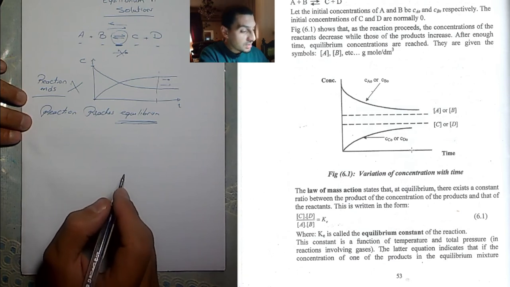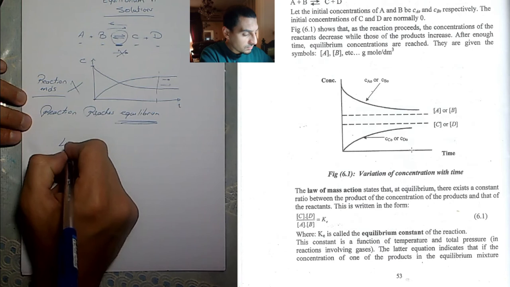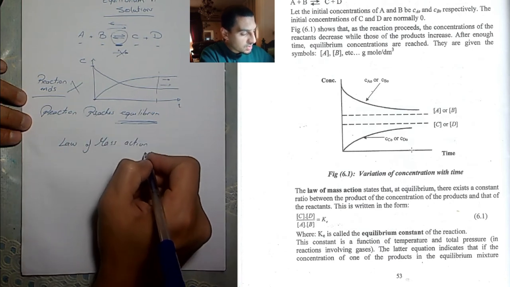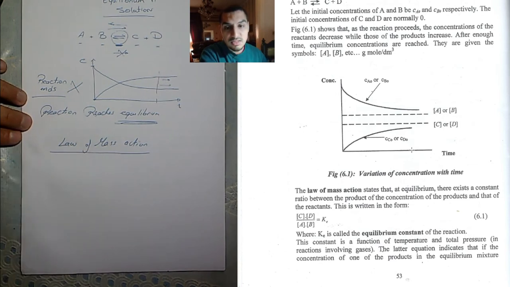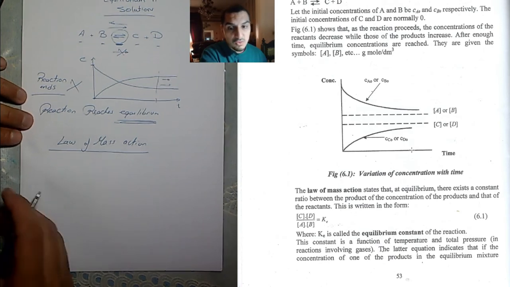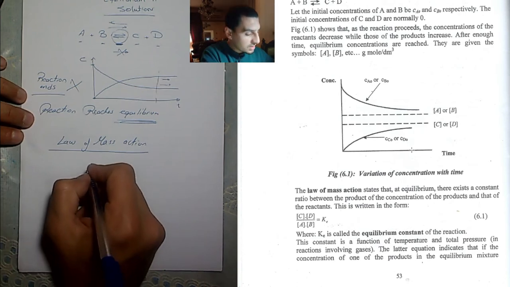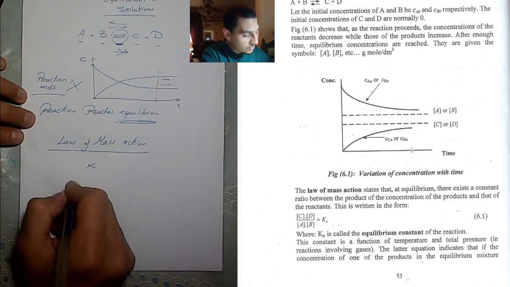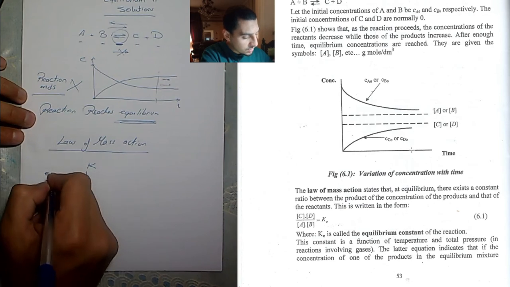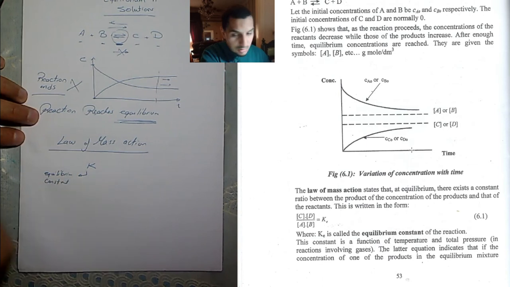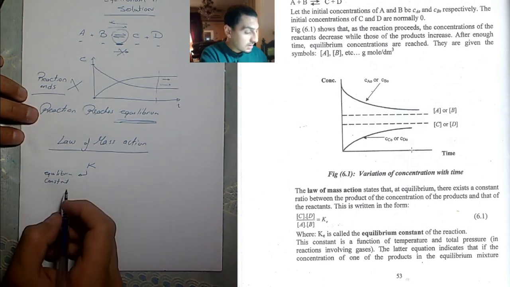It's important to understand what the equilibrium concentrations are. The law of mass action is the relation that can tell us the equilibrium concentrations, or when I will reach equilibrium, or what I expect when I reach equilibrium. The law of mass action is as follows. It is K, which is what we call the equilibrium constant.